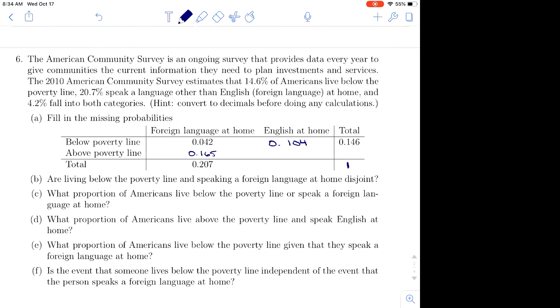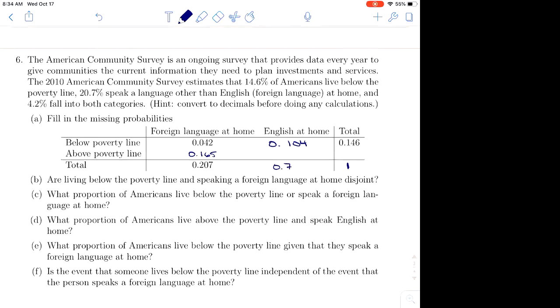I don't see enough to find the next probability, but I can find the overall probability of speaking English at home. These two have to add up to this total, so I'm going to use the idea that this one plus this one has to equal 1. So to find this one, I can do 1 minus 0.207, which is 0.793.